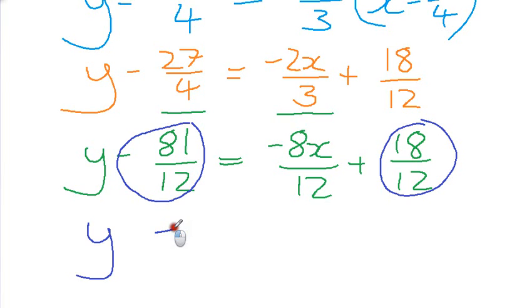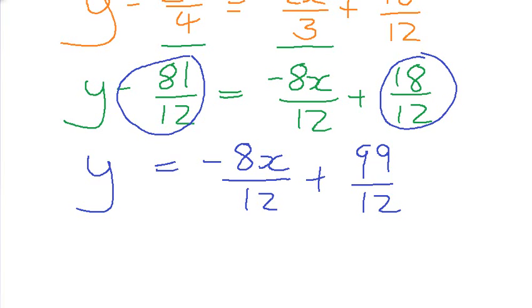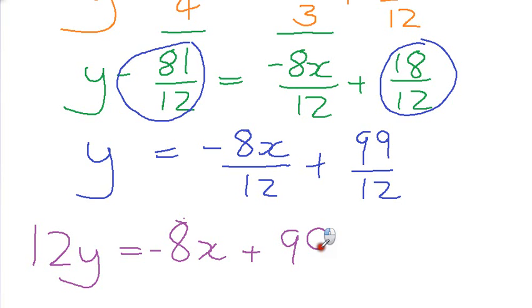So y equals minus 8x over 12 plus 99 over 12. Then I think times everything by 12 and get everything on the left hand side. So times everything by 12. So 12y equals minus 8x plus 99.